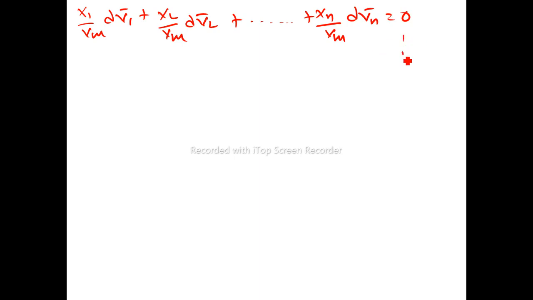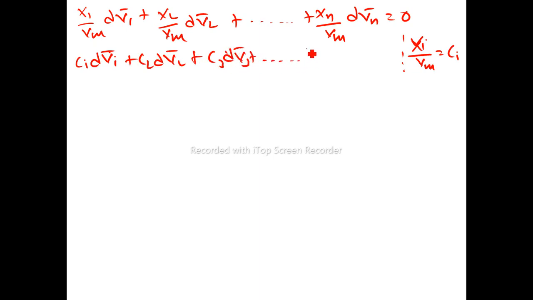We know that xi by Vm is concentration. Then we can write the above equation as C1 dv1 plus C2 dv2 plus C3 dv3, and we can write it as Cn dvn equal to 0.